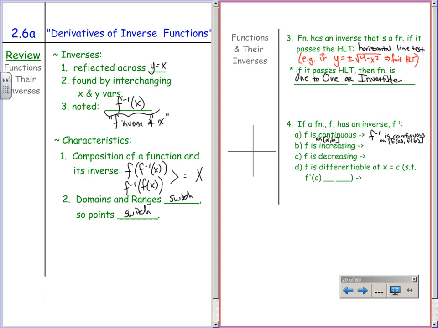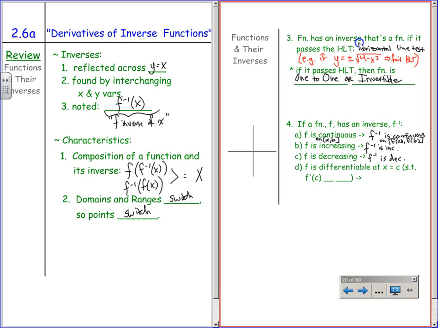Or I should say the y's of the original are the x's of the inverse. So that gets a little bit confusing because it might be on different intervals. If f is increasing, like e to the x, the inverse is increasing, but at different rates. If f is decreasing, f inverse is decreasing, but at different rates, different slopes.